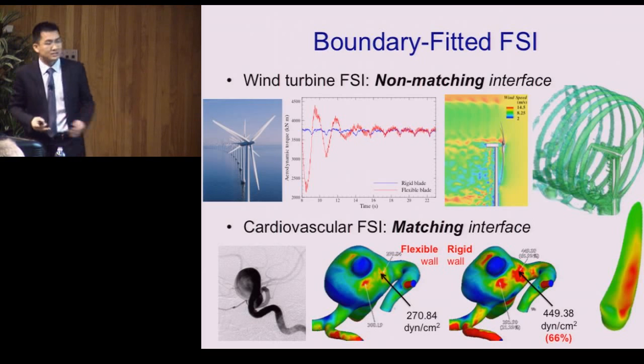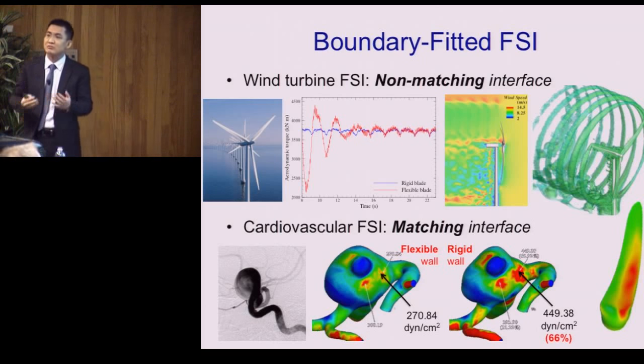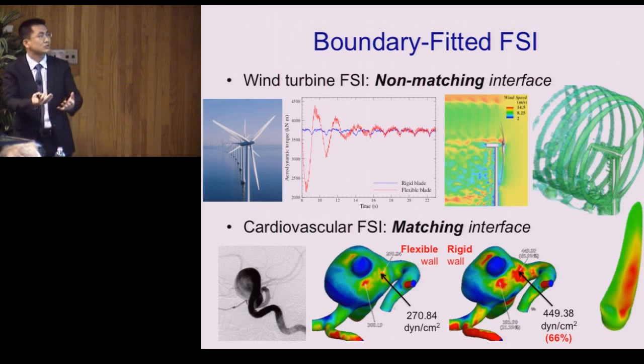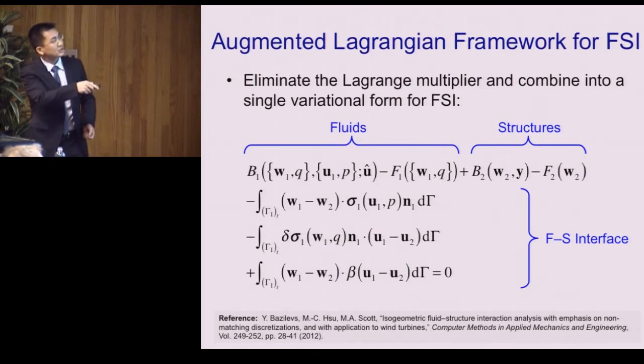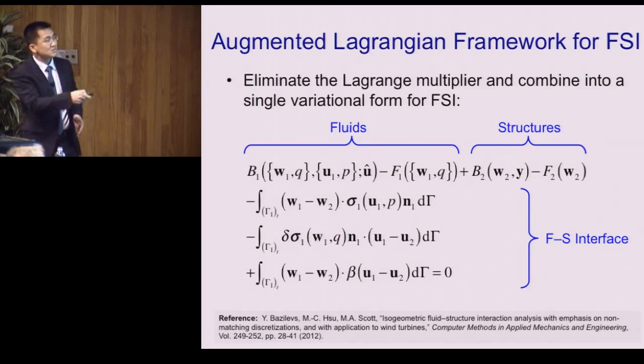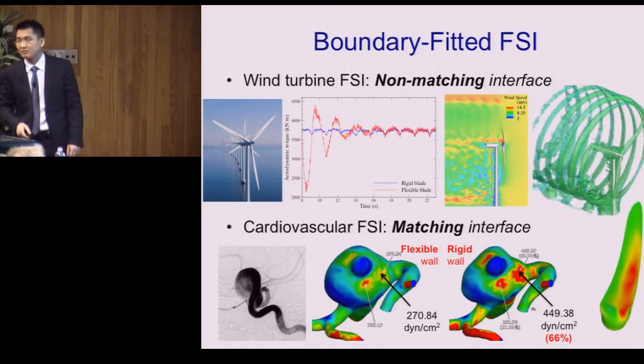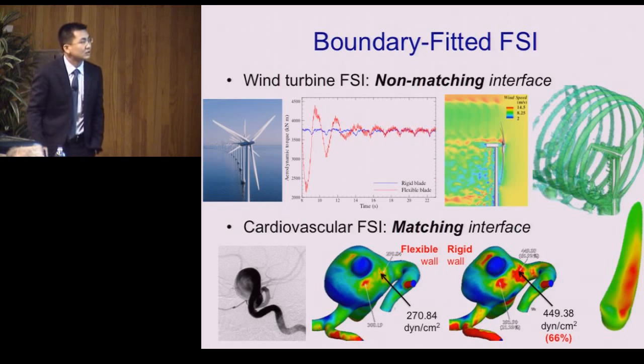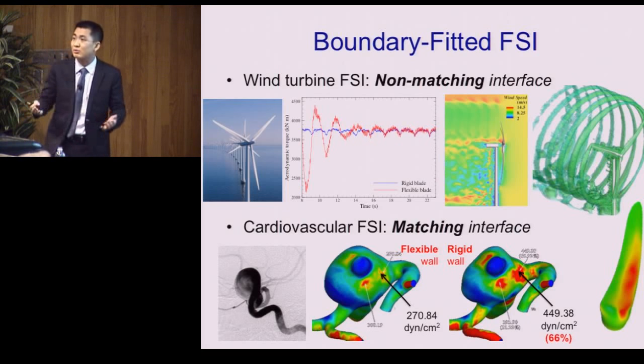If we do some cardiovascular FSI where you don't have very different meshes between the blood flow and the vessel, then because your weighting functions will be the same between the fluid and the structure, your discretization will be the same, and these additional terms will just drop out. So you recover a fully coupled, strongly coupled fluid and structure system. You can also apply this to many different types of applications. It really depends on the problem you want to solve.